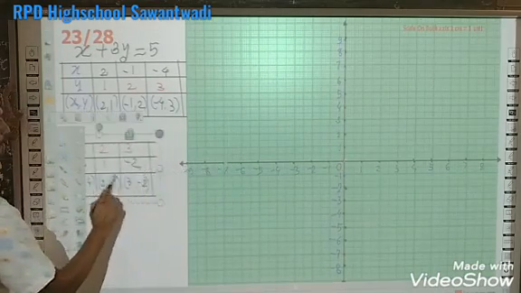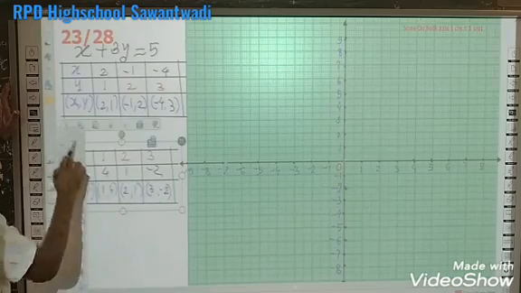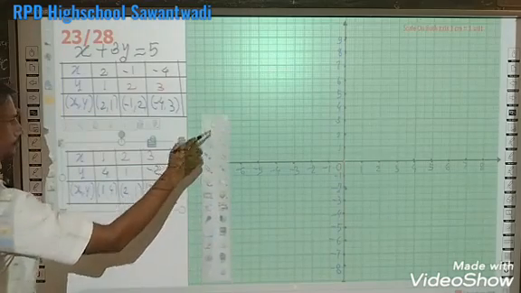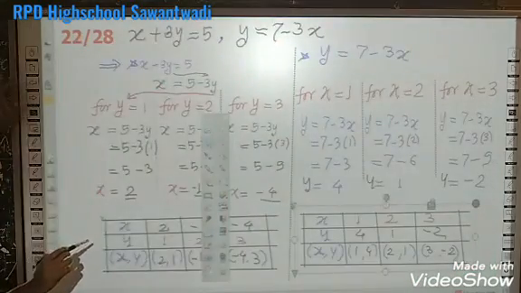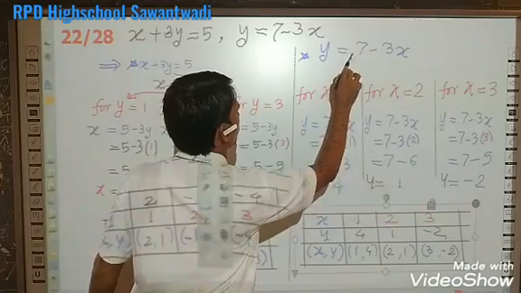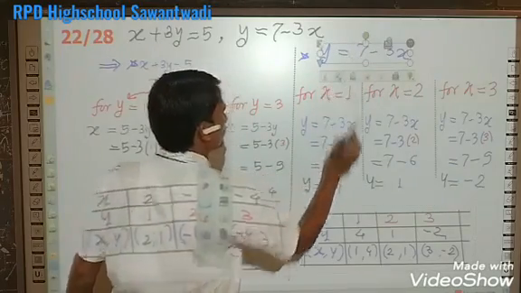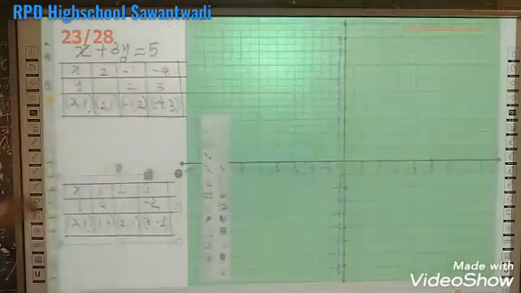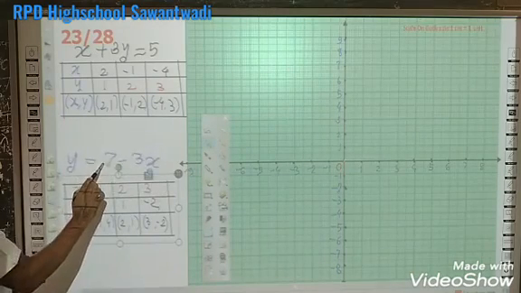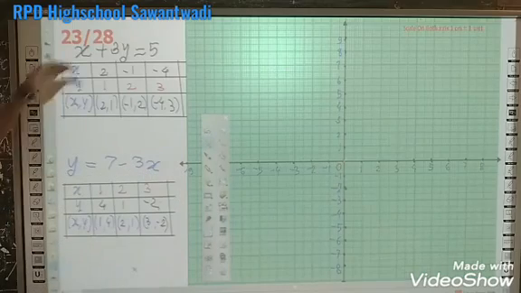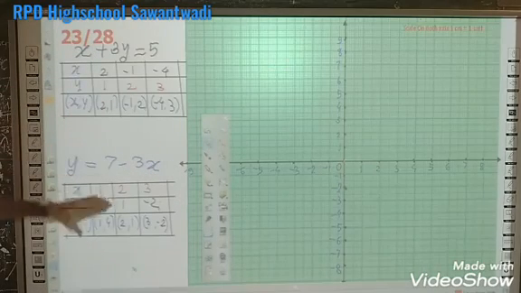So all this thing you will have to complete on the graph paper itself. So what is the equation of this table? We just put here. Okay. So this is the first equation, each table, second equation and table.